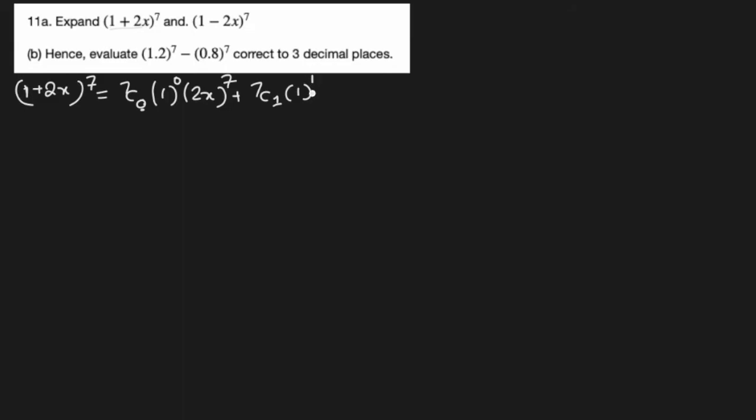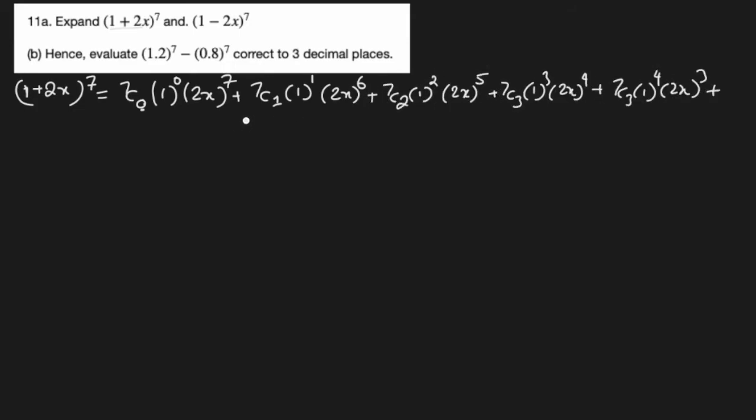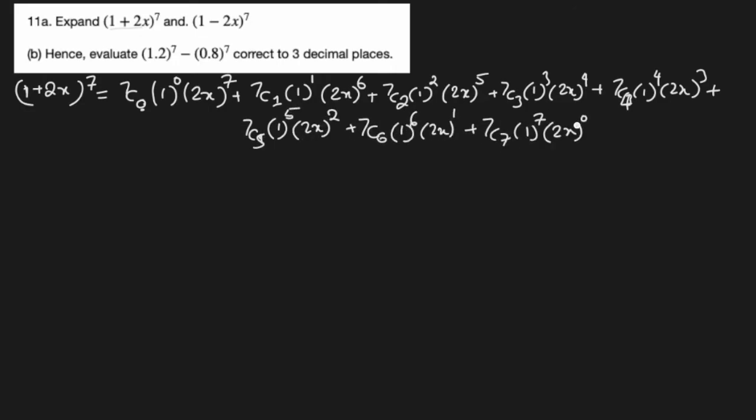So 1 will get an exponent 1, and the exponent of 2x will go down. And we'll continue like this. You might have seen that one exponent goes up 1 by 1, the other exponent goes down and reaches 0. Now we will evaluate them one by one.